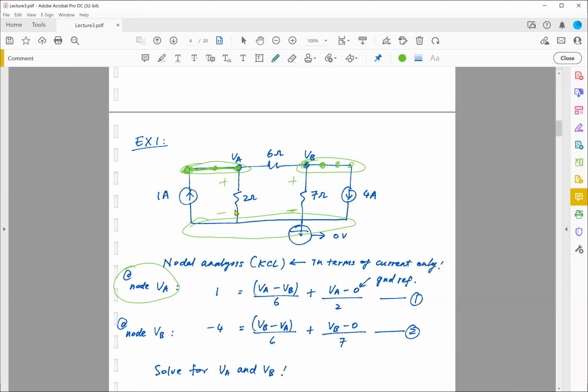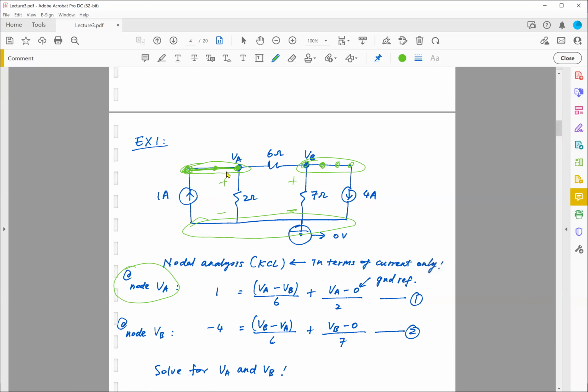using KCL, I know that the sum of all the currents entering the node has to be equal to 0. In other words, the sum of all the currents leaving the node has to be equal to 0.